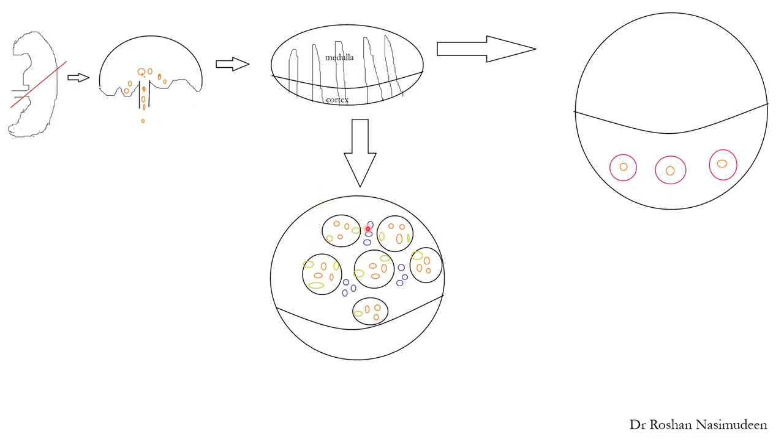And inside the seminiferous tubules we have the orange, what we call the germ cells, which have migrated from the yolk sac and reached the genital ridge. So inside the seminiferous tubules we'll have the germ cells as well as Sertoli cells. The green is the Sertoli and the orange is germ cells.